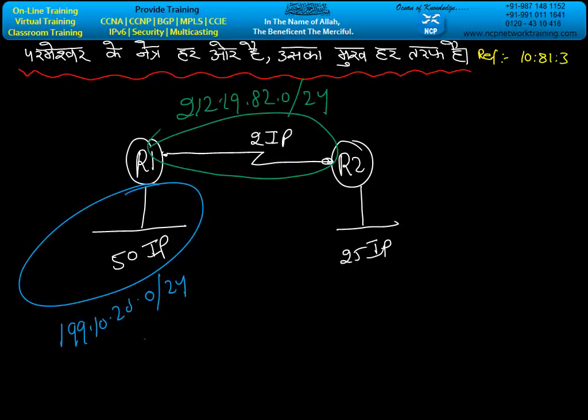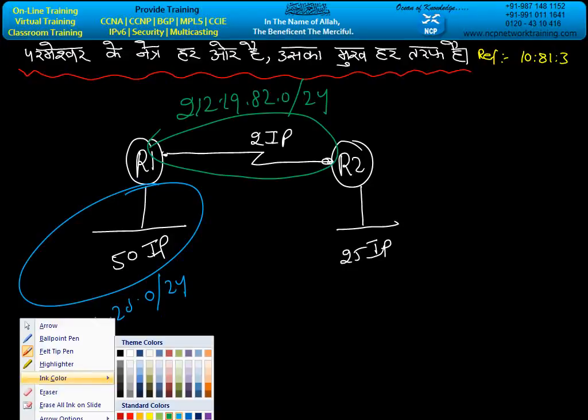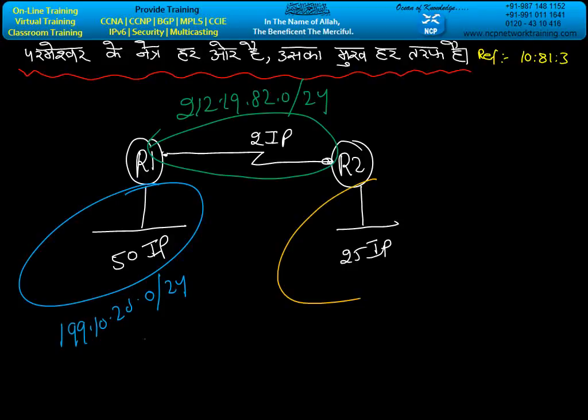For the second network we are using only 2 IP addresses, and 252 IP addresses are unused. We cannot use them anywhere in this diagram. And for 211.1.2.0/24, we can use only 25 IP addresses, and we cannot use the rest.